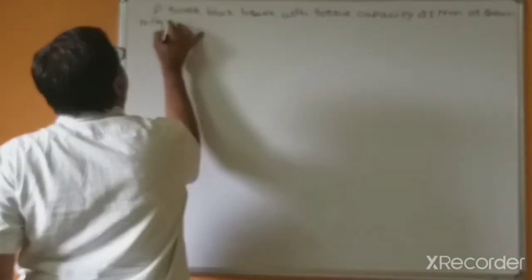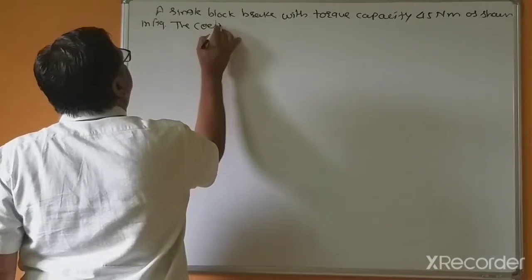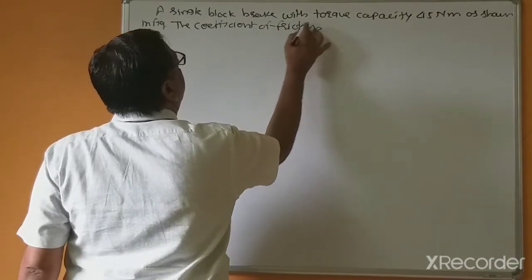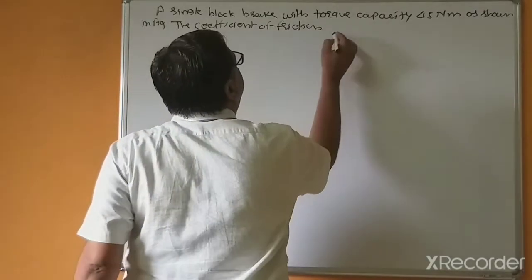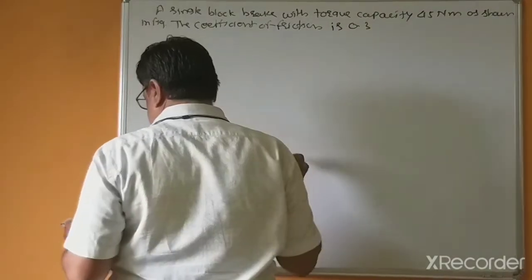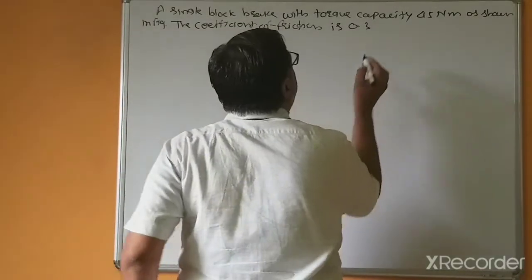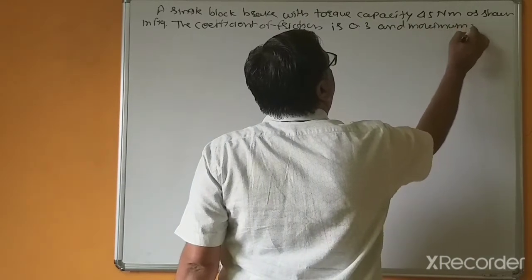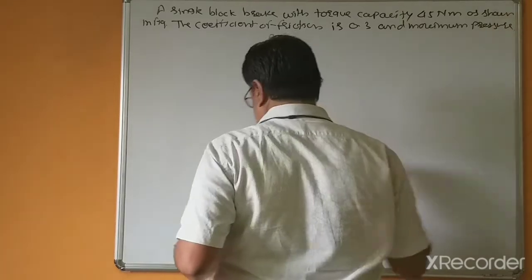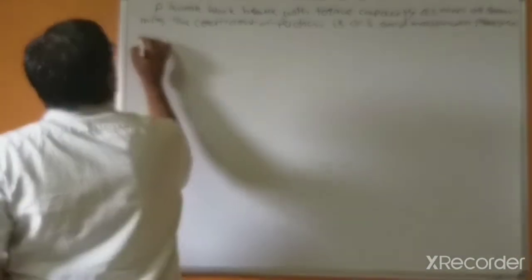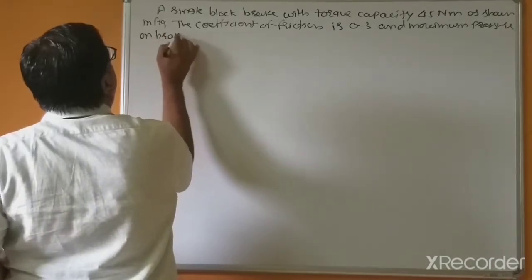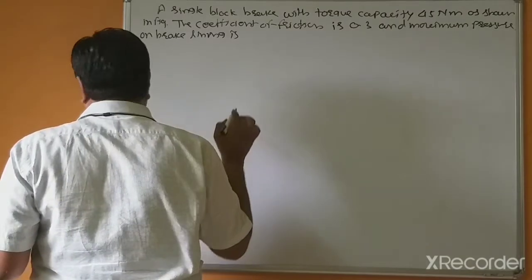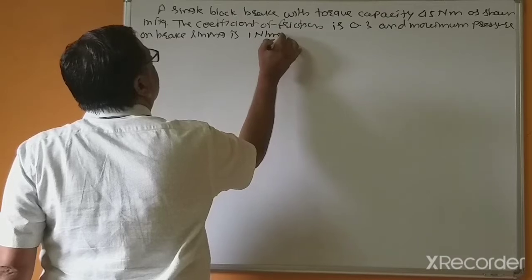The coefficient of friction is 0.3 and maximum pressure on brake lining is 1 Newton per mm square.